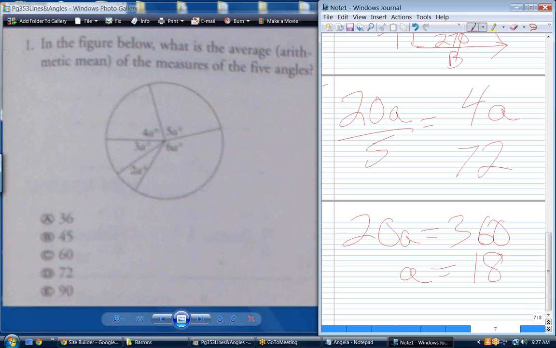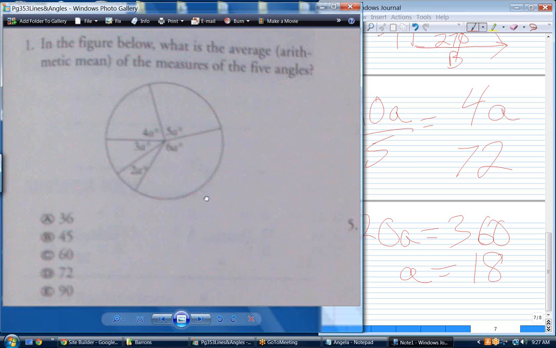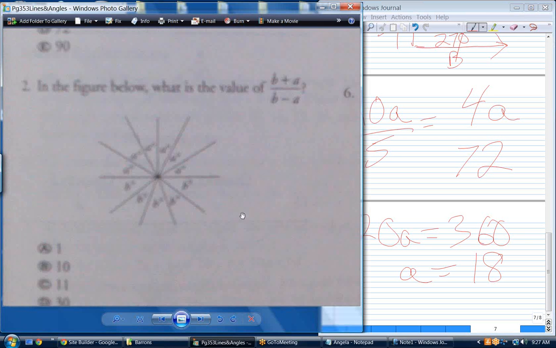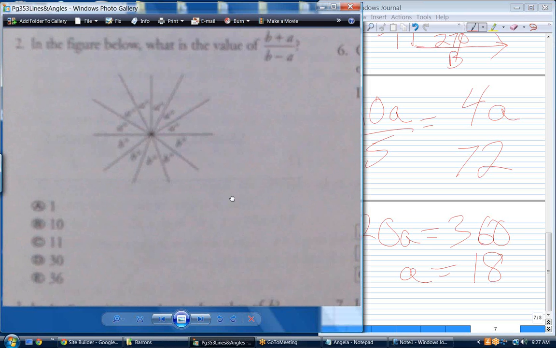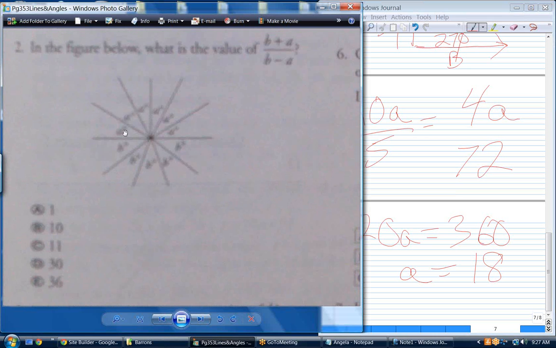Okay? And we had a question like that on the test. In fact, I think both tests have that question on it. So this is a principle they like. Okay. Now this one's real hard to see, but I can describe it easy enough.